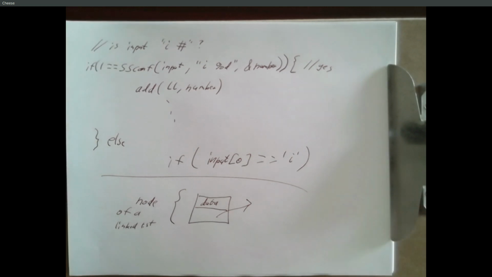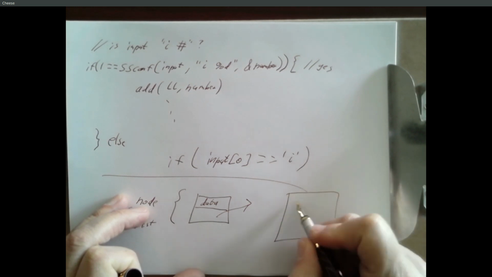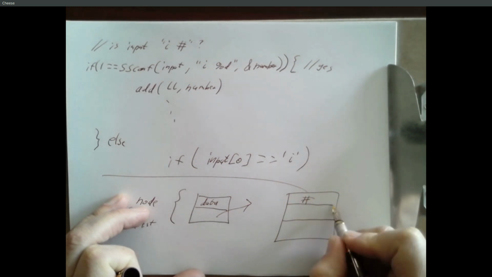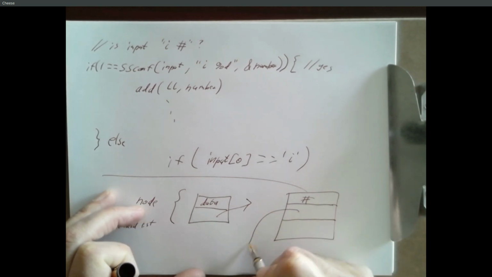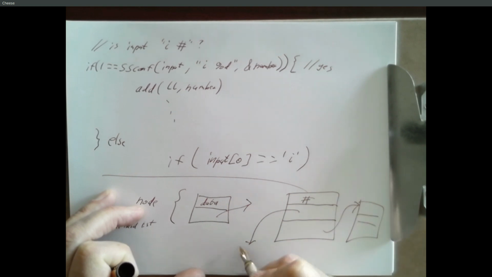And it's nothing to have a node in a linked list where we have a number and a pointer to another linked list and a pointer to a following node, and this might be its own type of linked list.